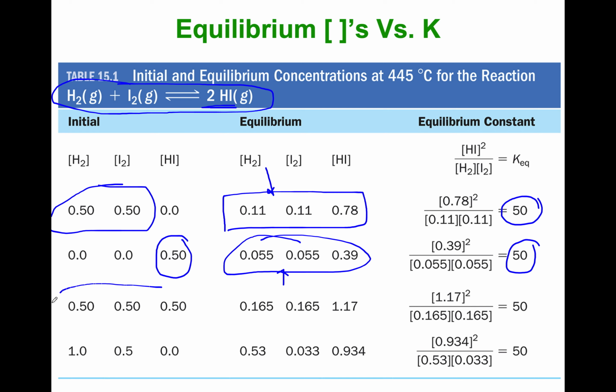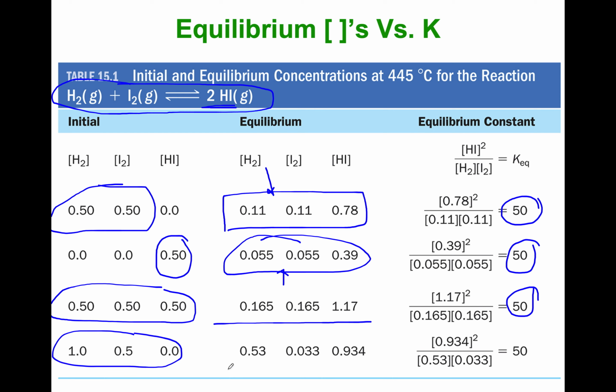Remember, equilibrium is the constant 50. Doesn't matter what you start with, the reaction proceeds, new set of numbers, and it's constantly going to 50. That's the equilibrium constant. That's the definition of equilibrium.